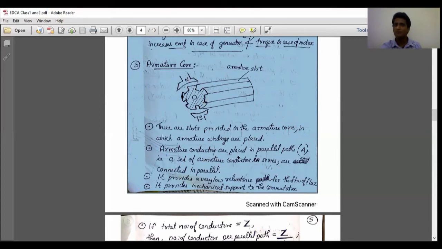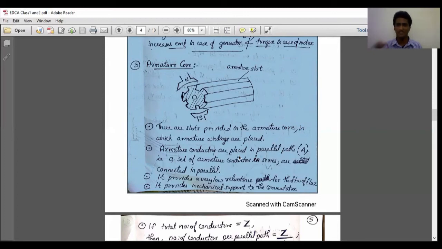Armature conductors are placed in the slots, and the important point that we have to understand is that these armature windings are not placed randomly. They are placed in parallel paths. As we know, each and every winding has its own resistance and acts as a resistor. Connect many resistances in series.